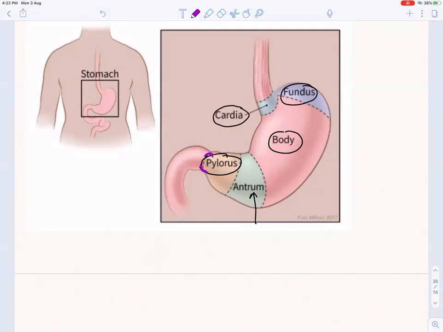This is the antrum, which we can also call the pyloric antrum. And this area is known as the pyloric canal. Basically, the pyloric antrum is connecting the body to the pyloric canal. Okay, so 4 parts are given. That's why I did not tell you about this, but for your information, it is the pyloric antrum.